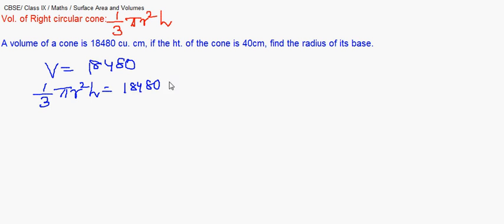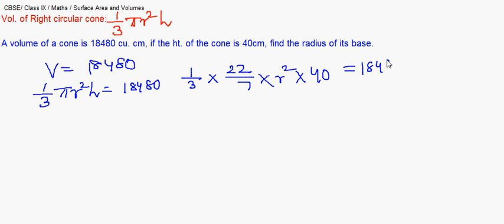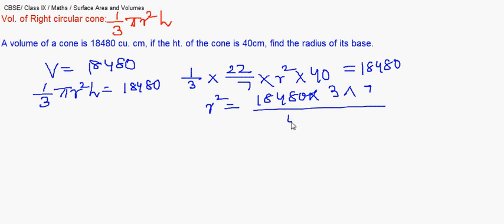I'll substitute whatever is given. r is to be calculated, so let it be r square, and the height is given as 40 centimeter, and this is equal to 18480. So r square will be 18480 into 3 into 7 by 40 into 22.